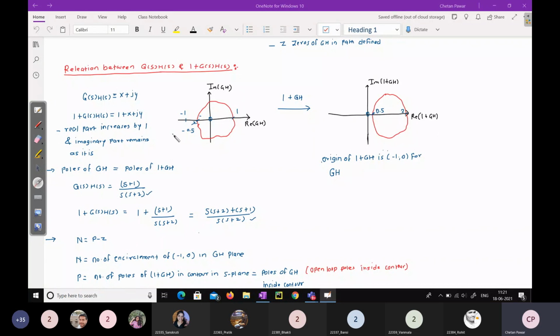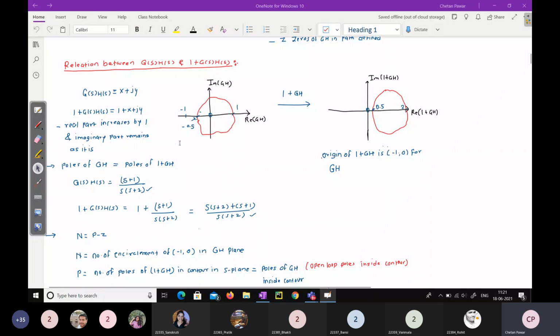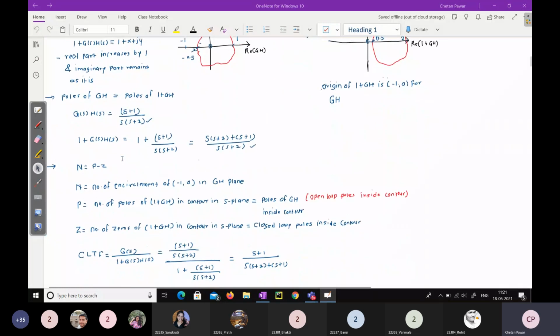Now let us consider the relation between the poles of GH and the poles of 1 plus GH. Let us consider this open loop transfer function (s plus 1) upon s into (s plus 2). If I add 1 into it and simplify, I will get this particular transfer function.